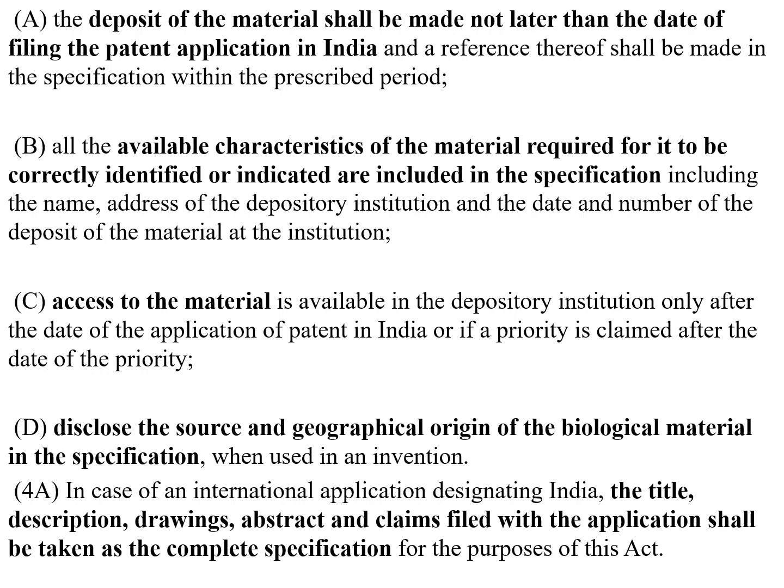So if you have filed an application in, for example, another country like US, its description, drawings, abstract, claims that are filed in the US will be treated as the complete specification when entering the national phase in India.